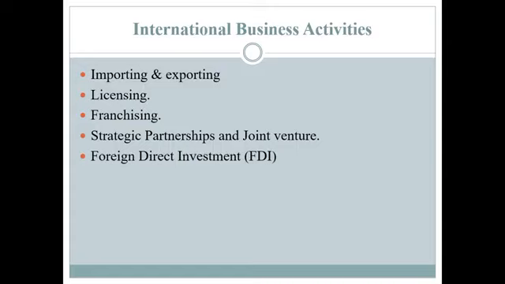For example, some bakeries or biscuit companies offer franchising to some of the local bakeries or local companies who produce biscuits on their behalf.